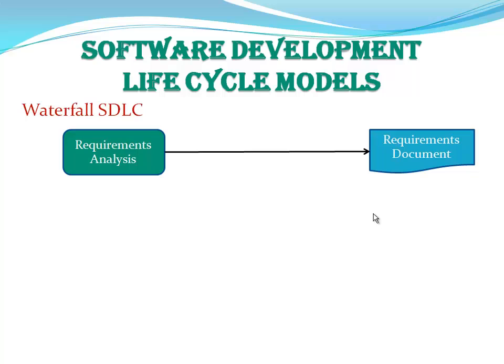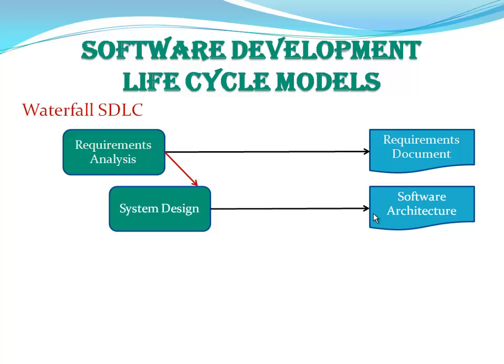The next task in the waterfall SDLC is the system design. The earlier phase of requirement analysis resulted in the requirements document. Then another team takes on the task of designing the overall system at a high level: what the system will be and what the different major parts of the system will be.